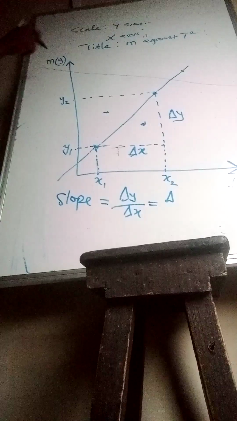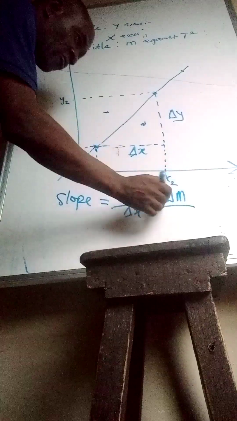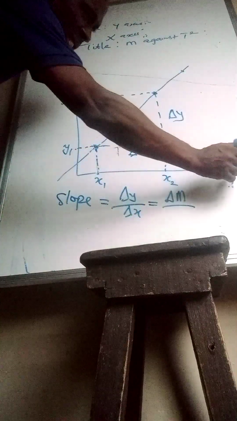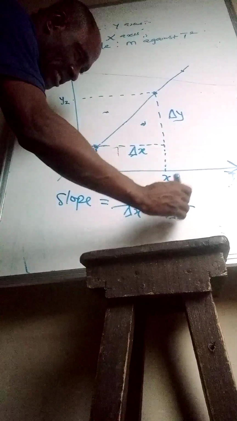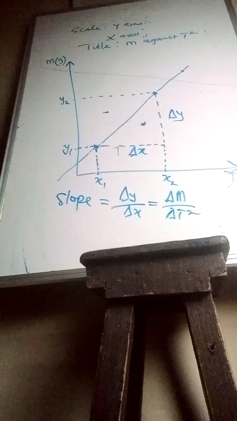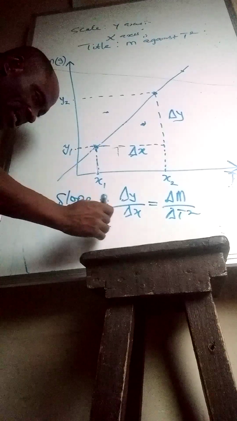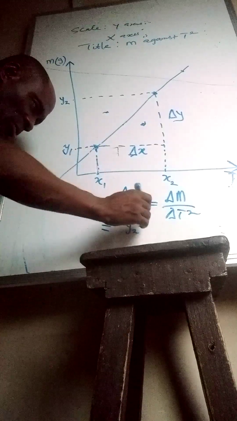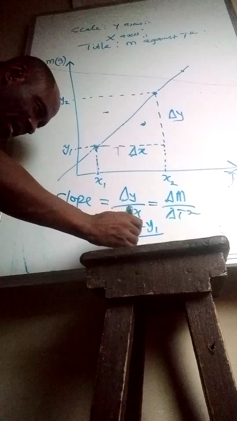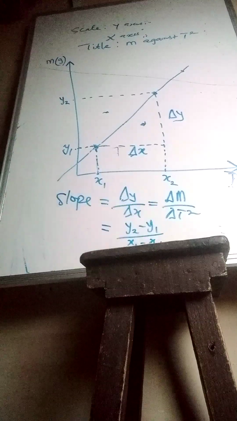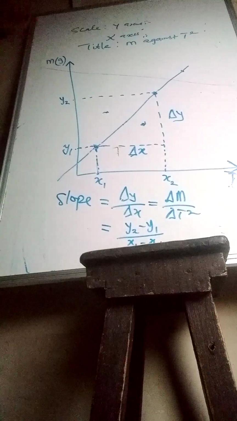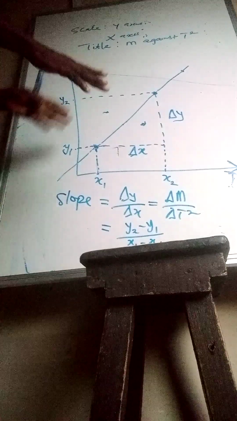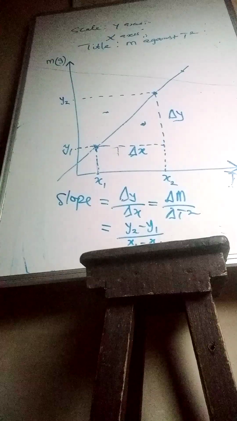In this case, it is mass. That's delta mass over, on the horizontal, in this case, capital T square. Delta T square. Then the next thing, you write y2 minus y1 over x2 minus x1. It's very important. When you have done this, you have already captured possibly all the marks for the graph.